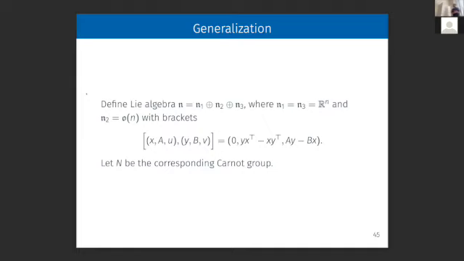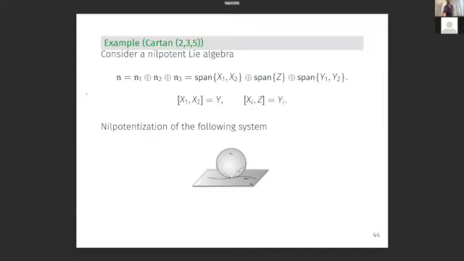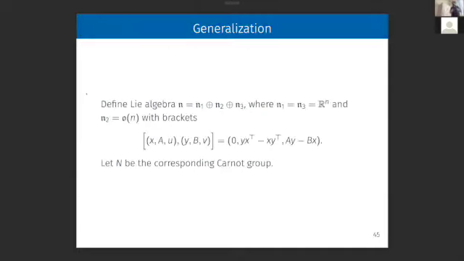And then what you can do is, I took this system, which was known from Cartan, and I made an n-dimensional version of this, where the first layer is R^n, and the third layer is just R^n.